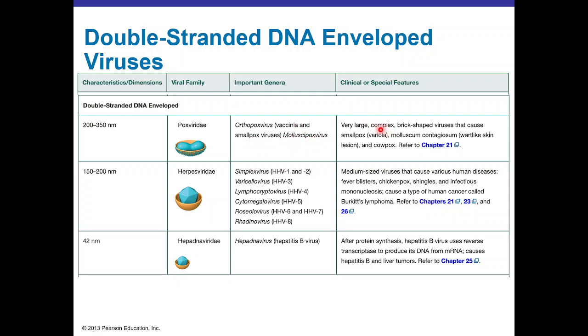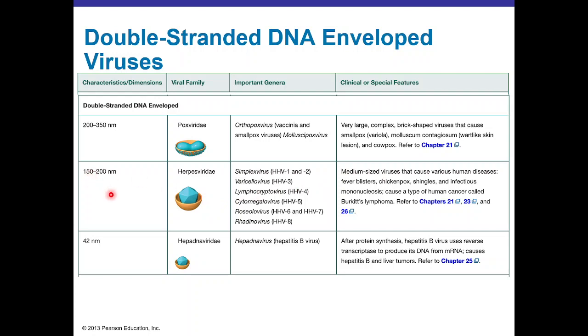So we have variola virus that causes smallpox, or molluscum contagiosum, which is basically a lesion in the skin that is like a raised area that has a little dimple in the middle. And then cowpox virus, it's another member of this family.